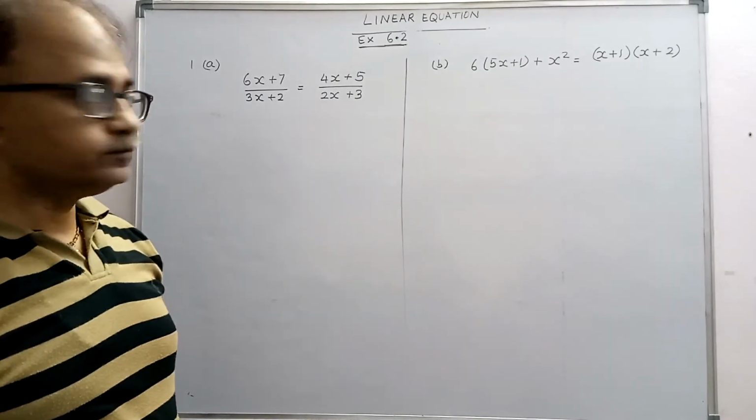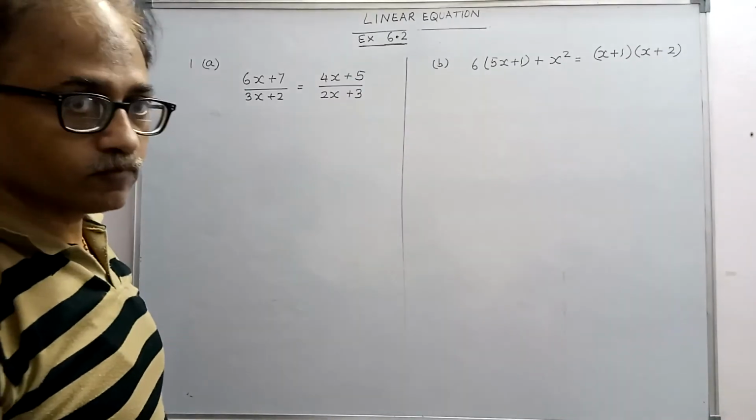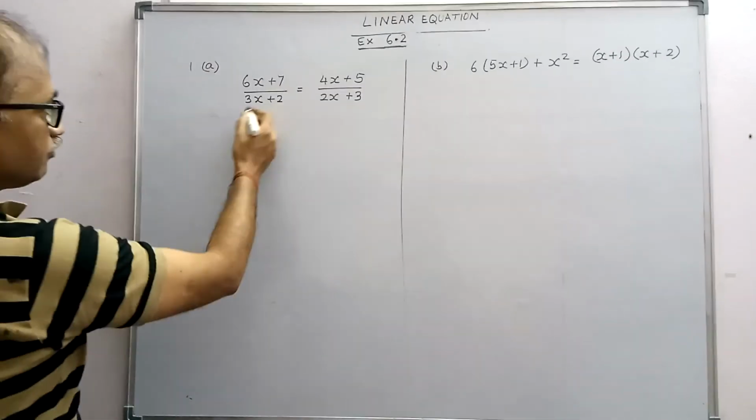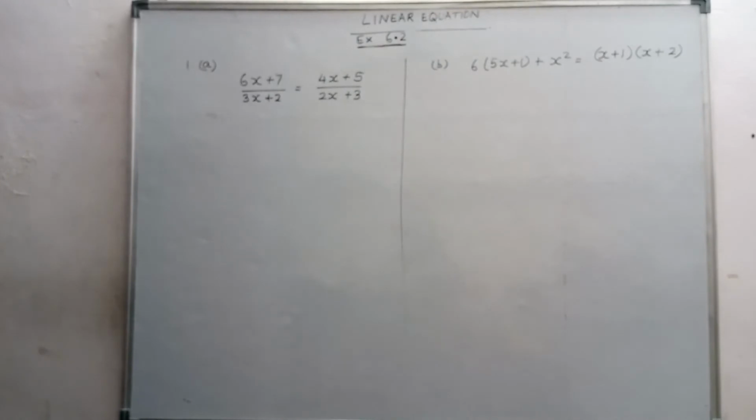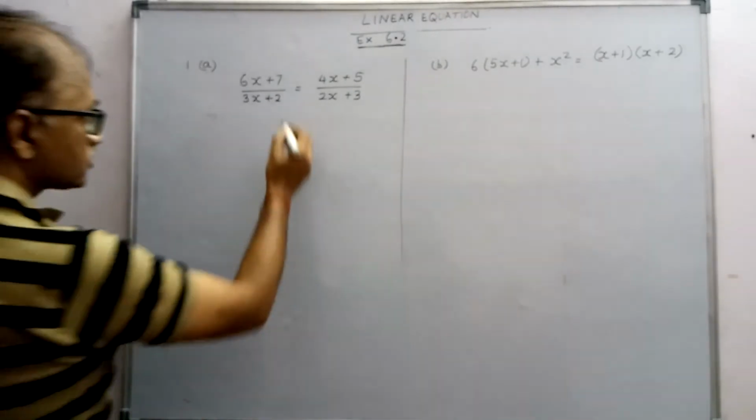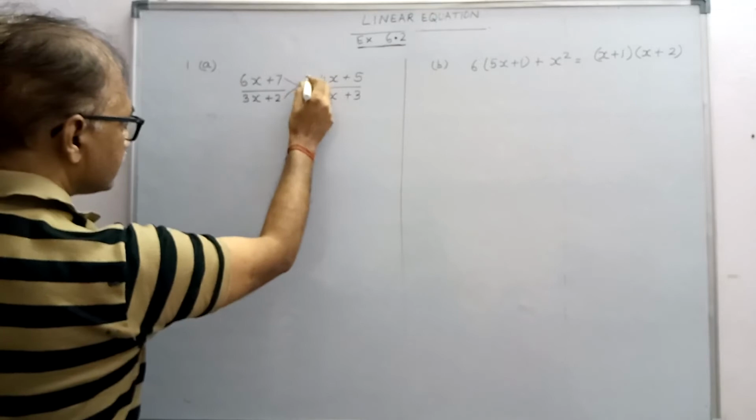Exercise 6.2, question number 1a. 6x plus 7 upon 3x plus 2 is equal to 4x plus 5 upon 2x plus 3. So here you will use first of all cross multiplication. This multiplied by this, and this multiplied by this.